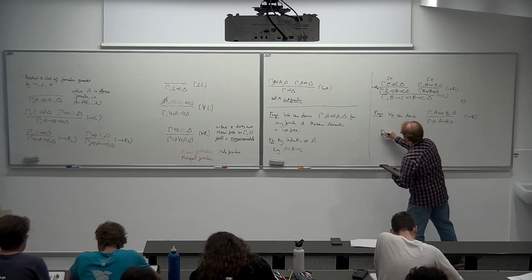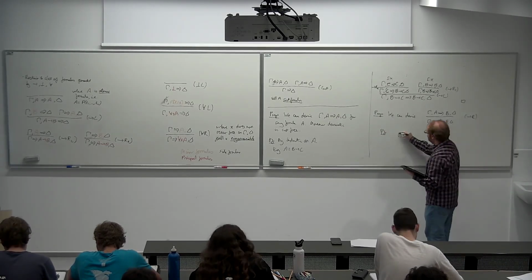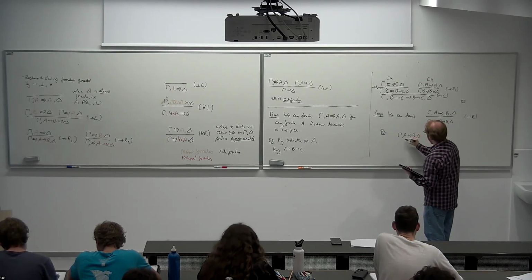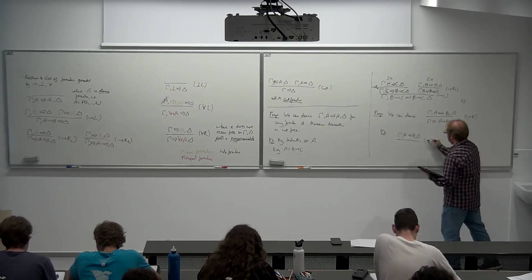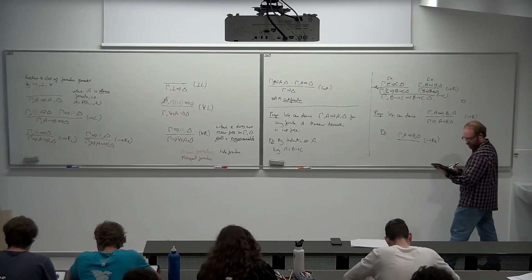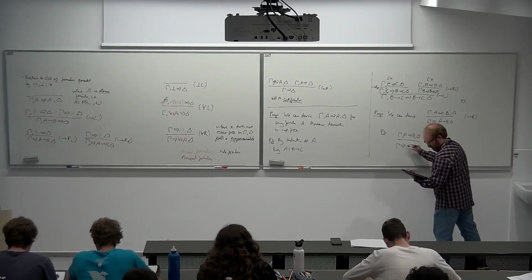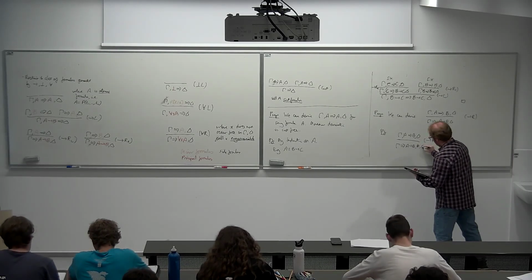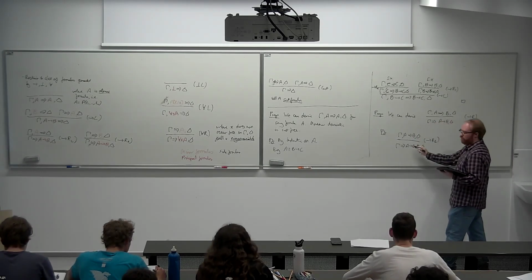The proof: we start off with the assumption, then use implies right-left, which gives us this sequent where we've eliminated the A and put an implies on the right.